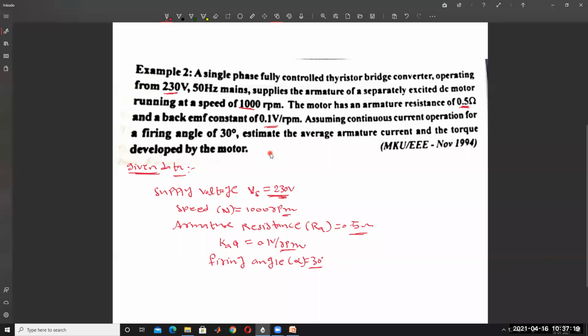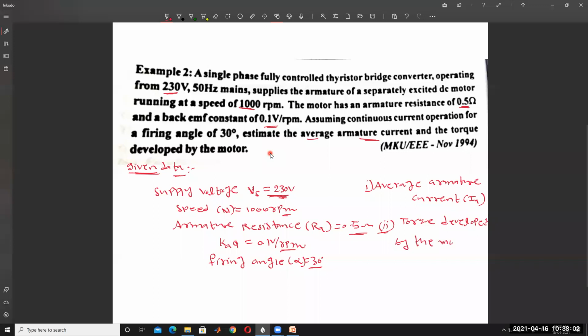So what is the first question here? The first question is to find the average armature current, that is IA. The second question is the torque developed by the motor.